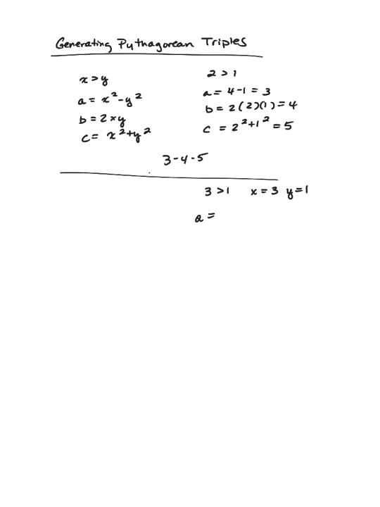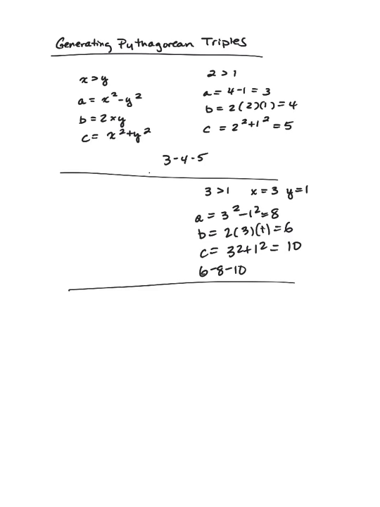So we would get a equals 3 squared minus 1 squared, which is 8. Okay, b is equal to 2 times x times y, which is 6. C is equal to x squared plus y squared, right? So that would be 3 squared plus 1 squared, which would be 10. So this would be a 6, 8, 10 triple, which is just a multiple of the 3, 4, 5 triple.